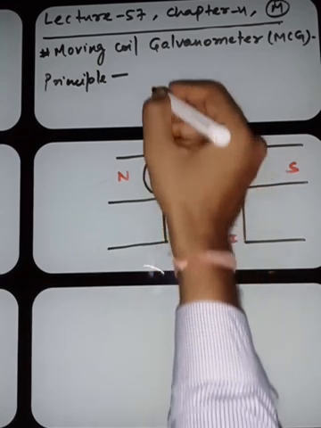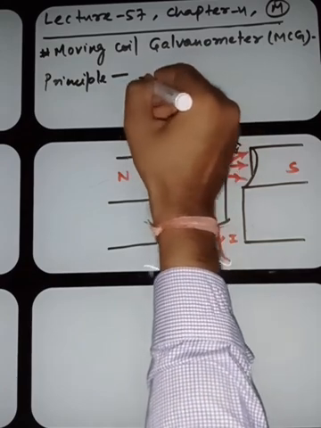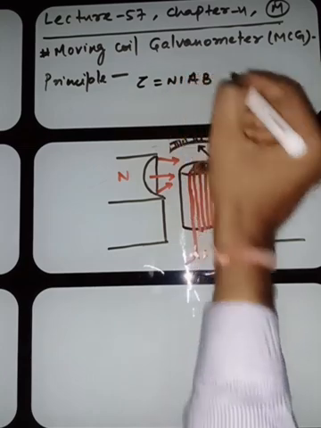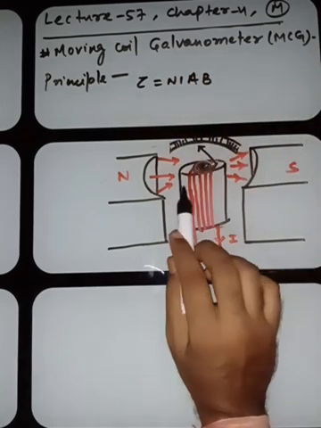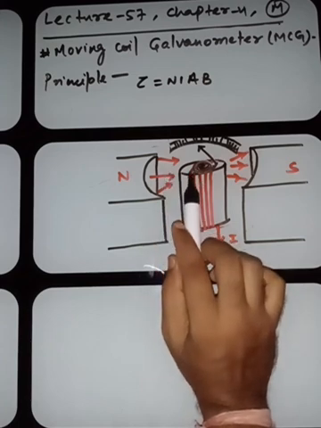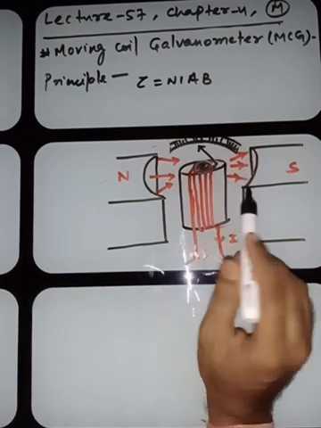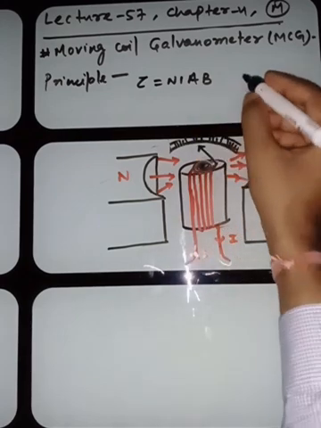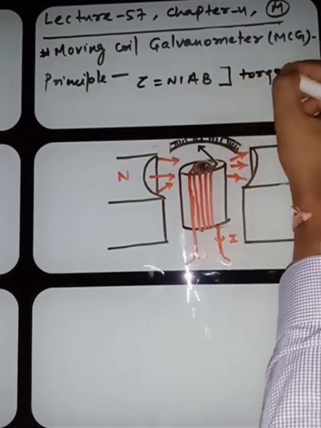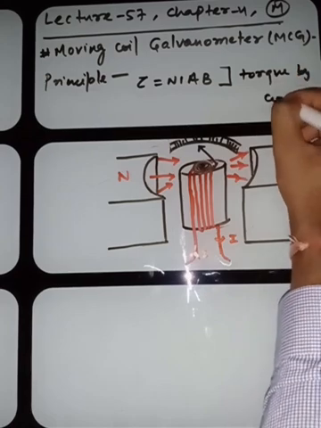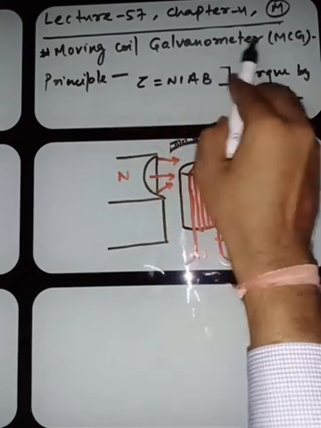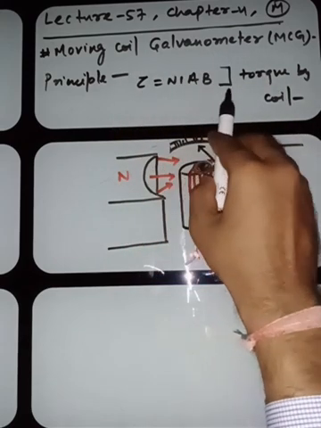The torque tau can be written as N I A B sine theta. Since the field is radial, the magnetic field will be perpendicular to the coil everywhere, that is 90 degrees, so sine theta will be 1. This is the torque experienced by the coil. Before writing this equation, you can also write: torque experienced by coil.